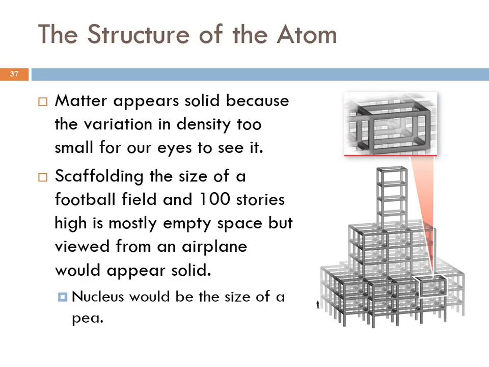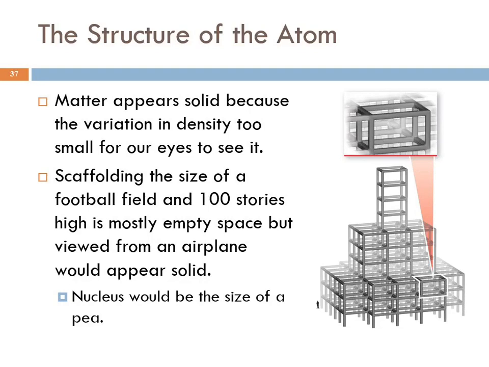Well, let's think about, imagine for a minute, scaffolding, right? Like they put on the outside of buildings when they're building it up. And it's very open, right? You've got these posts and boards and stuff, but it's very open. It's mostly empty space. Imagine scaffolding the size of a football field and 100 stories tall, right? That's massive scaffolding. Mostly empty space.